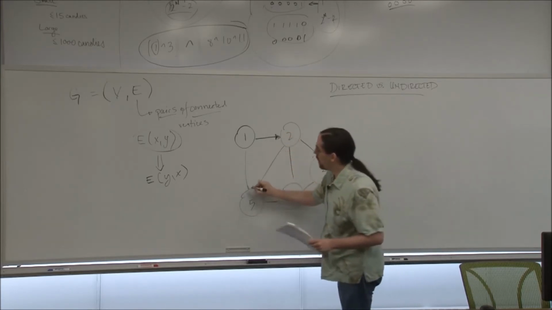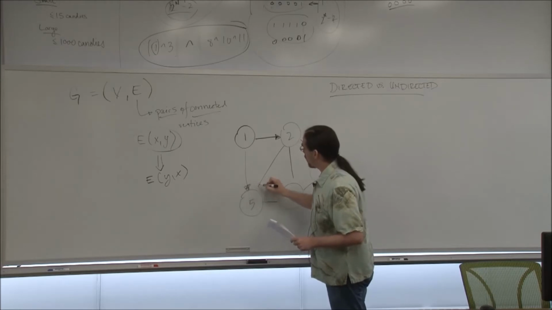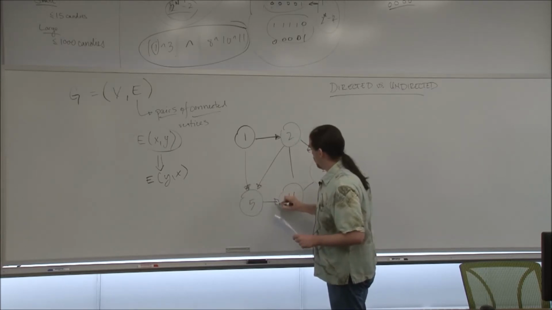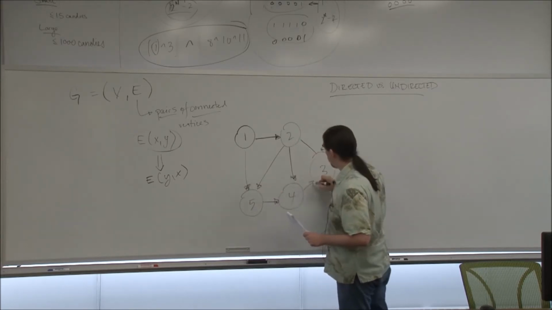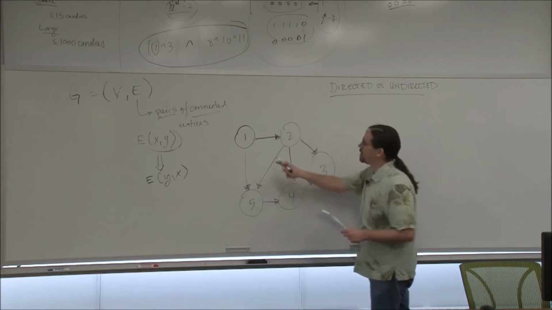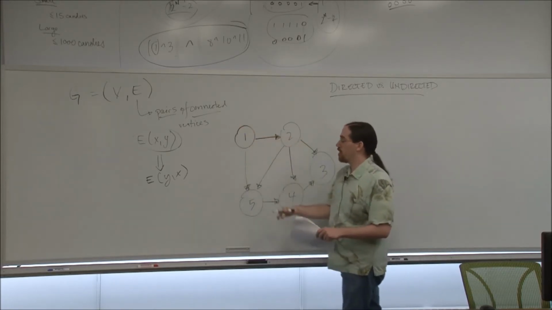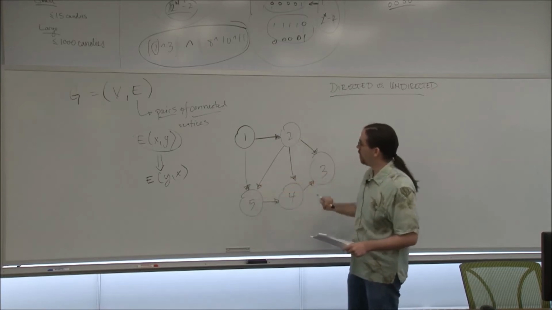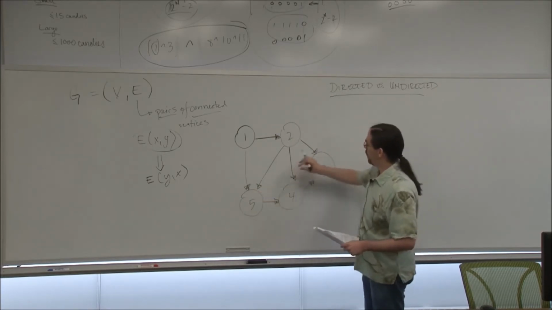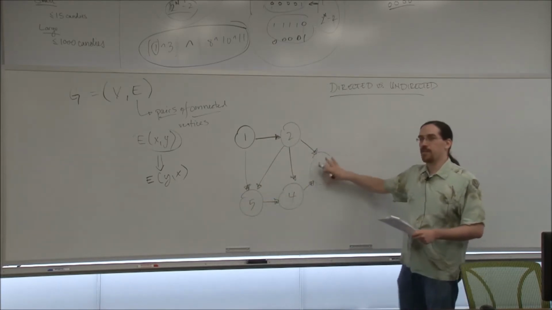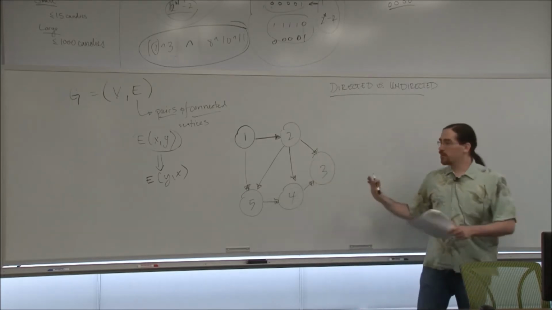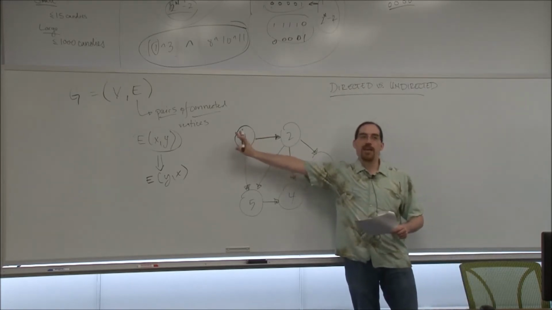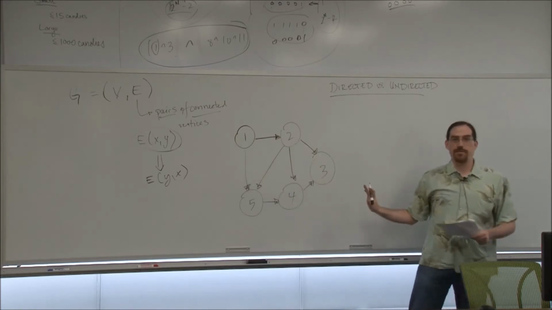So if we're drawing this as a hierarchy, we could draw in little arrows like this, and that would say, okay, 1 is the boss of the whole company, and he's in charge of 2 and 5. And then 5 is in charge of 4, and then 4 is in charge of 3, and this is our intern at the company. Okay? So this is a directed graph. Every edge has a direction associated with it.